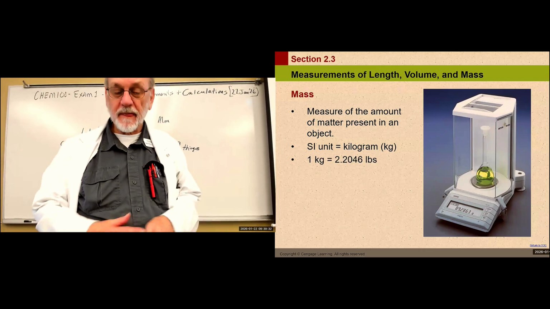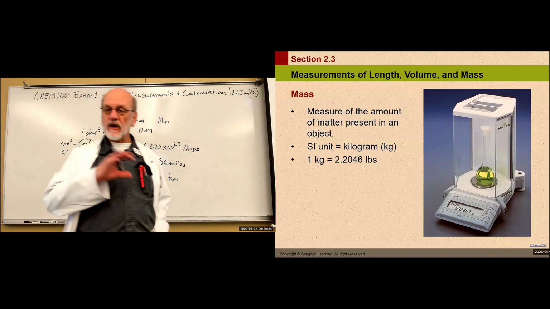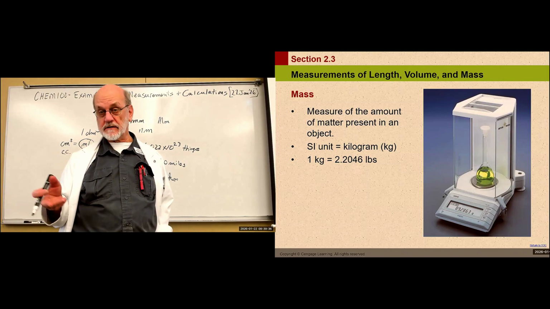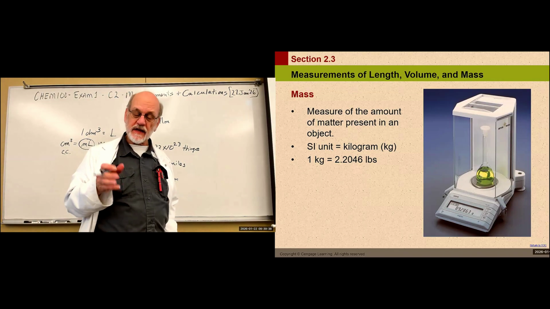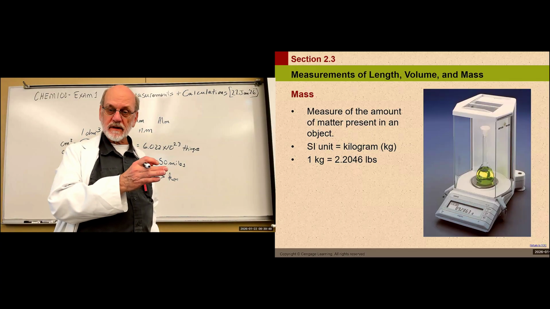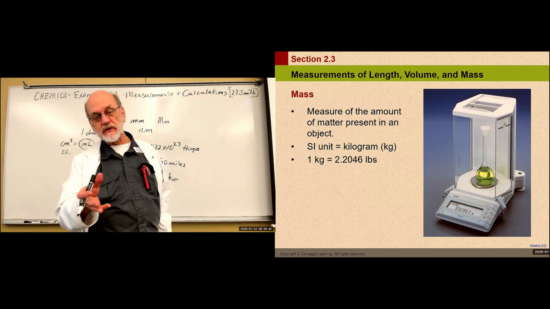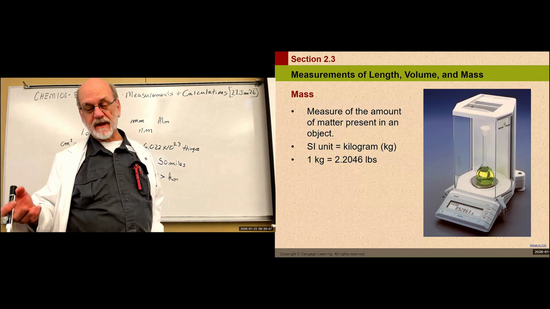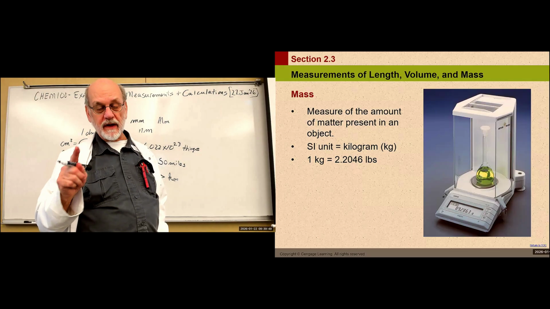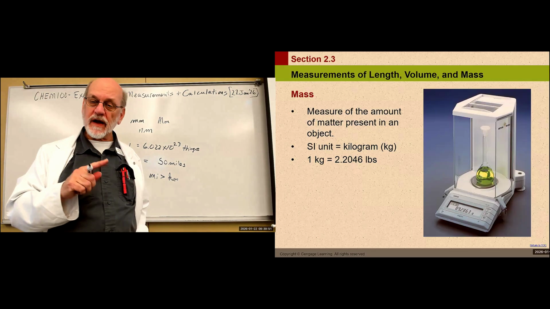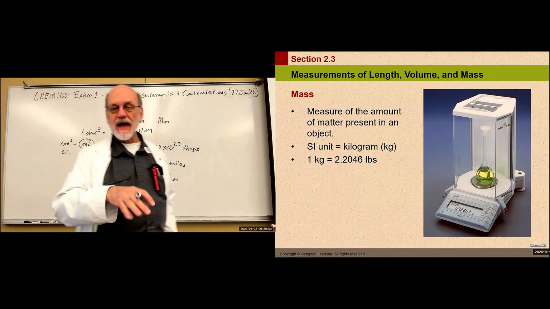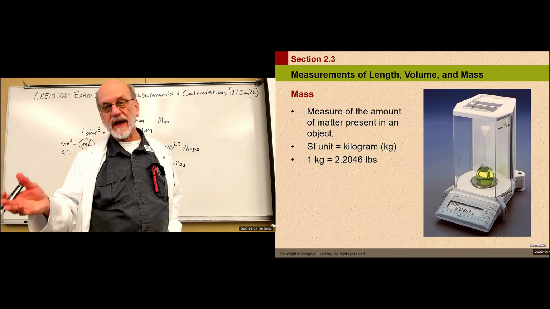There's your SI unit. And we can equate certain units. In this case, we're saying that 1 kilogram of substance is equal to 2.2 pounds. Now, there's a problem there because kilogram is mass and pounds is weight.